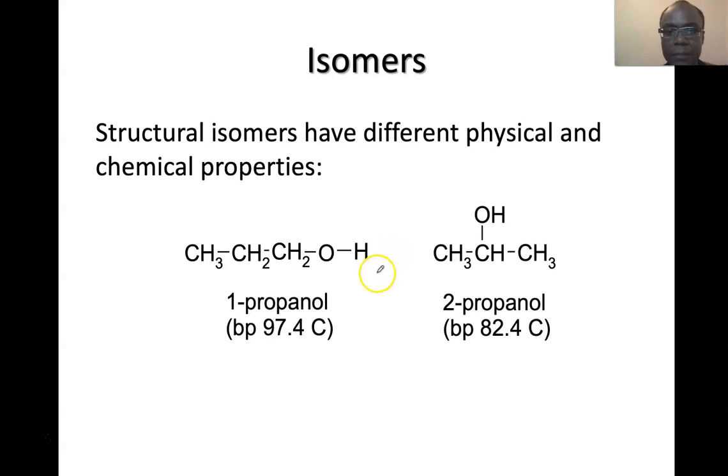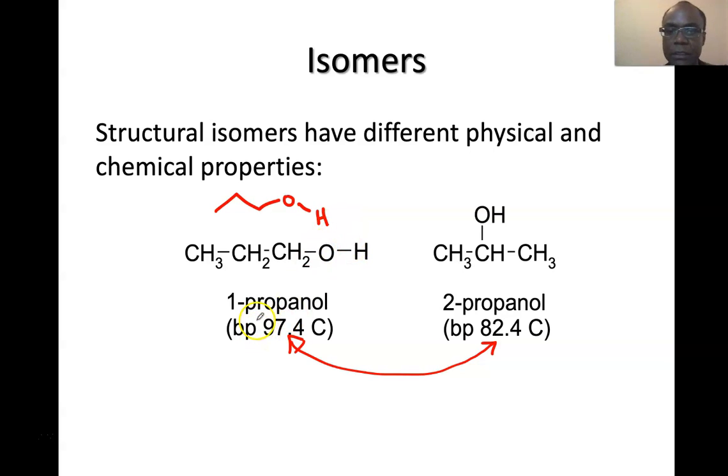Now, this isomerism property is important because it's going to affect the physical properties of these compounds or molecules, so to speak. So to draw 1-propanol, showing the line angle formula, 1-propanol should probably be drawn like that with 3 carbons and an OH.